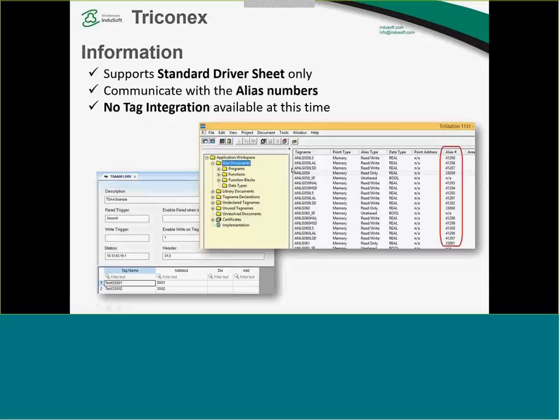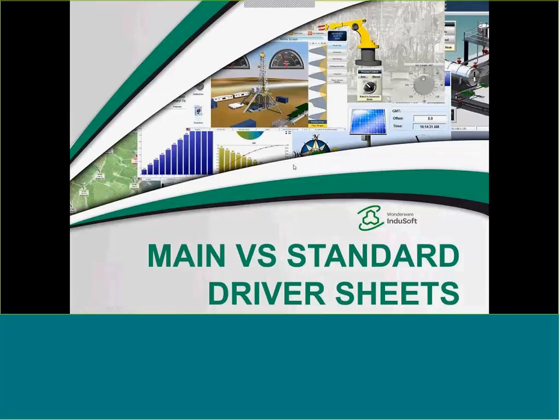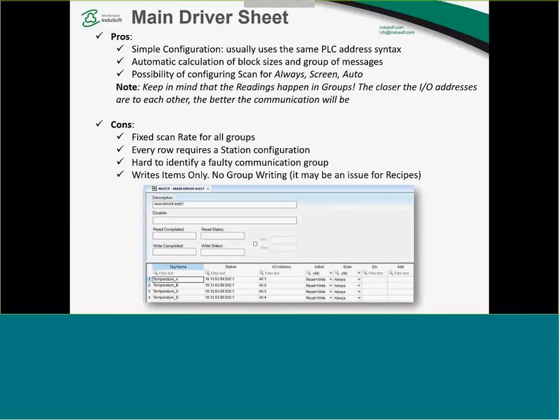So now a quick discussion about main driver sheets and standard driver sheets. What you have just seen with the TSAA driver was an example of a standard driver sheet. The main driver sheet is the following. You have one worksheet where you configure all the addresses.